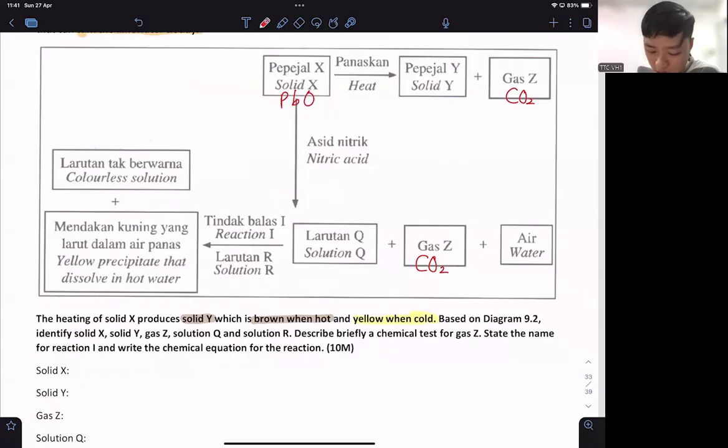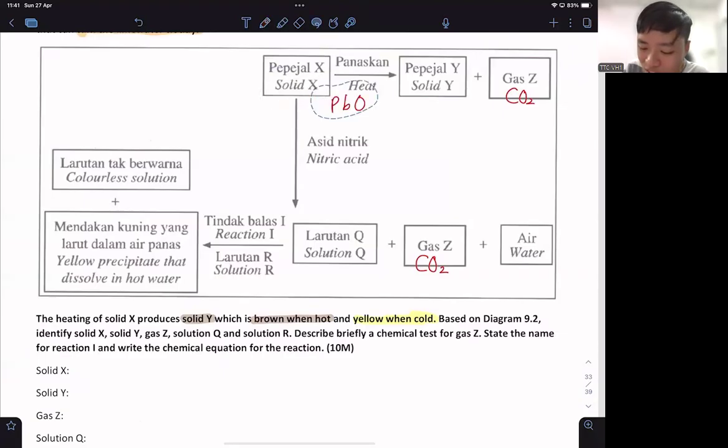So they want you to identify it and do the chemical test. Now we analyze what solid Y is.